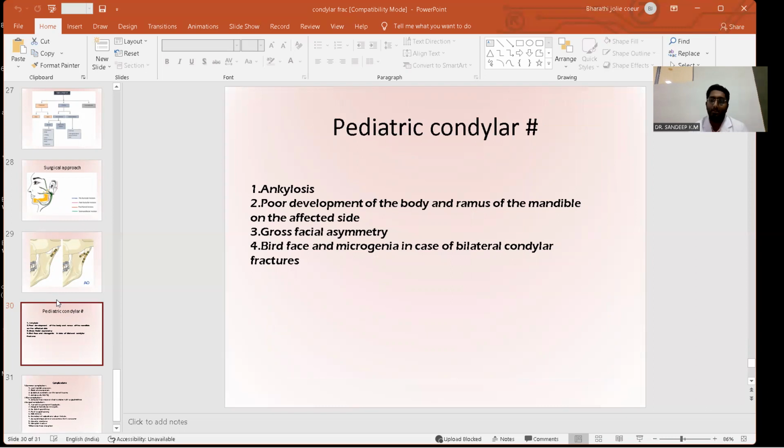Sometimes a fracture of the condylar head will cause damage to the articular meniscus. If the articular meniscus is damaged, the bone will directly contact the fossa, so we will see ankylosis in pediatric fracture patients. The ankylosis can further progress to avascular necrosis. In bilateral cases, deepening of the antegonial notch or facial asymmetry can be there.